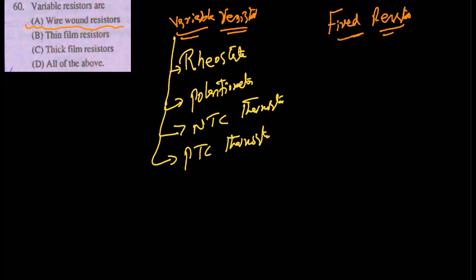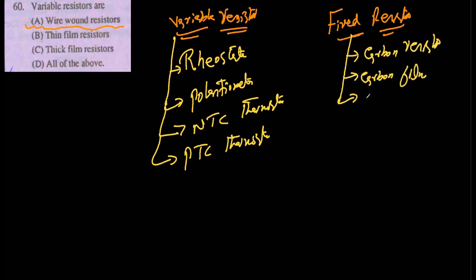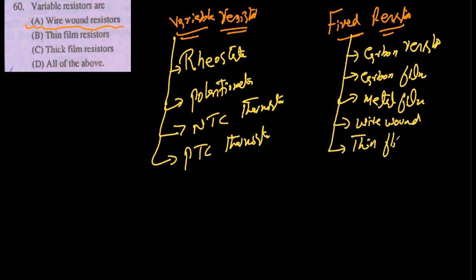And fixed resistors include carbon resistor, which includes carbon film, metal film, wire wound, thin film, and thick film.